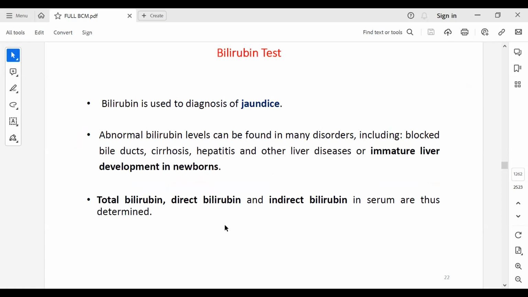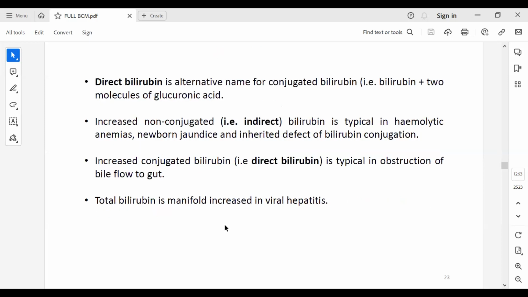So again, bilirubin will be used as a diagnosis for jaundice. You'll see abnormal bilirubin levels in blocked bile duct, cirrhosis, hepatitis, and also immature liver development in newborns. Usually we measure the total bilirubin, direct bilirubin, and indirect bilirubin in serum, but indirect bilirubin will be calculated.